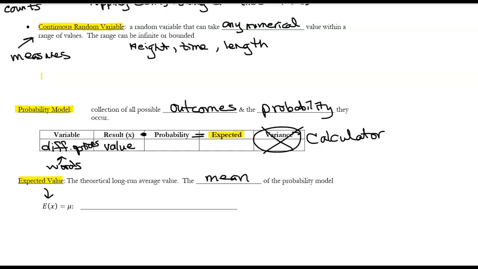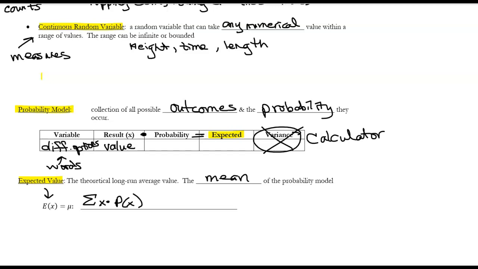I'm going to show you the formula, but once we do a problem, it's going to make a lot of sense. It's the sum of the value, which is the value here in the table, times the probability of that value happening. Then you do all the multiplications and add them up. Again, once we have an example, it'll make sense.